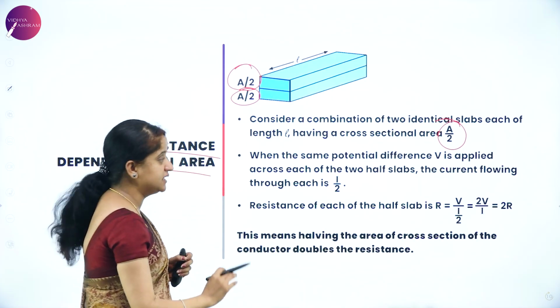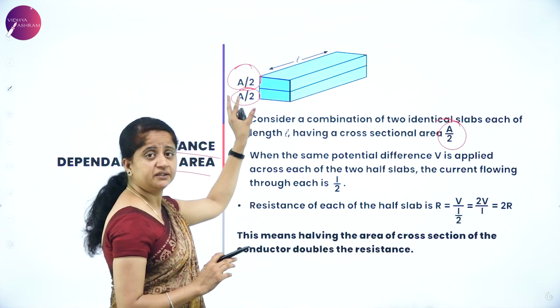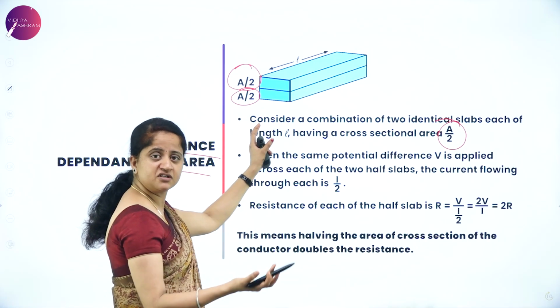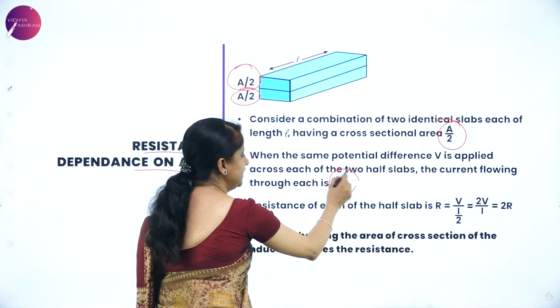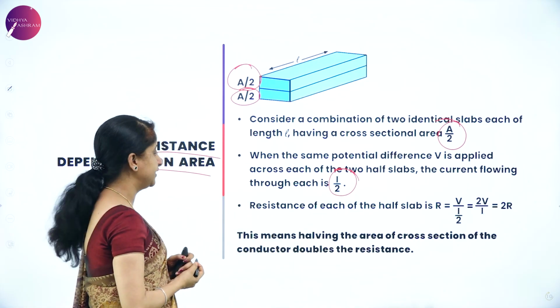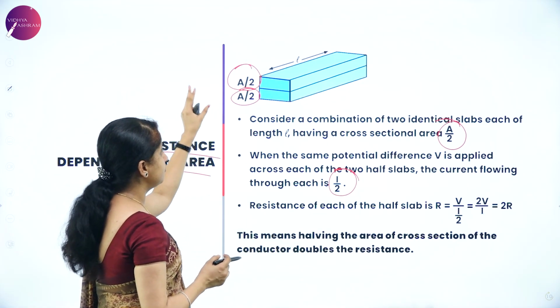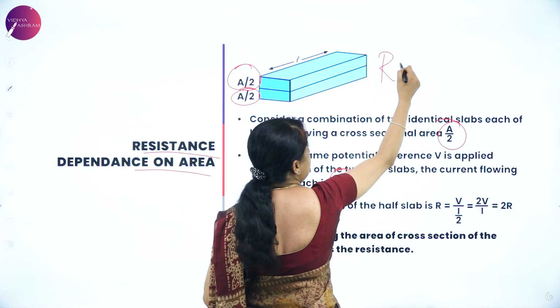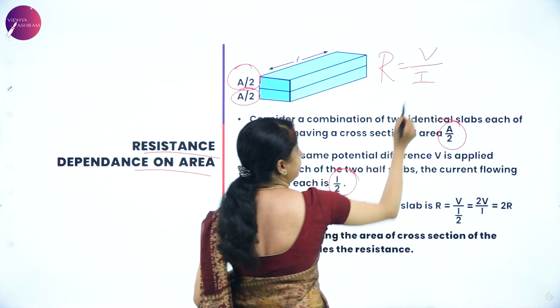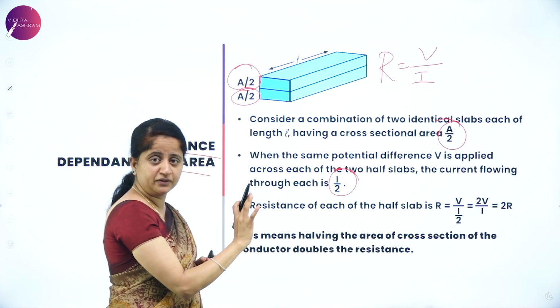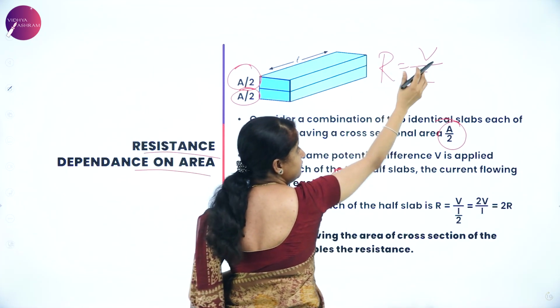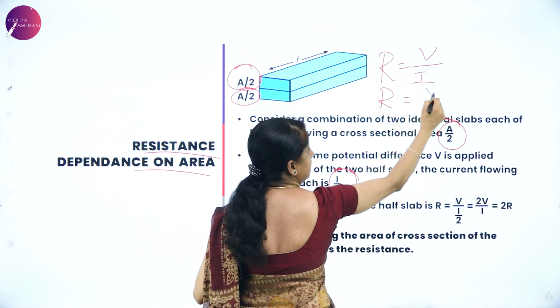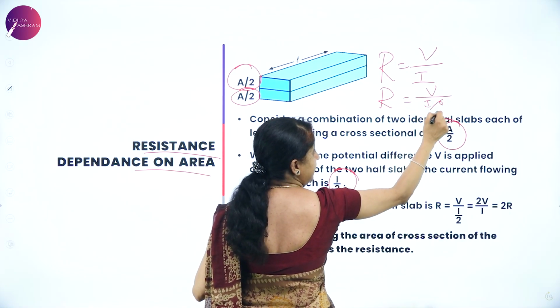When the same potential difference V is applied across, what happens to the current? It will also decrease, right? So the current through each slab becomes I divided by 2. Then the resistance of each slab, according to Ohm's law, is R equal to V divided by I. Now the potential is the same for both slabs, I becomes half, so our new resistance will be V divided by I by 2.